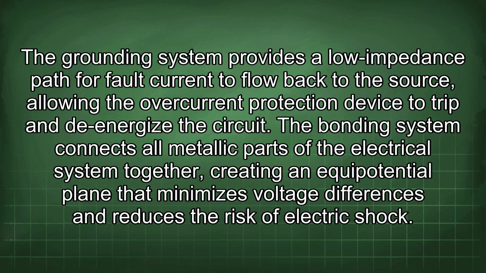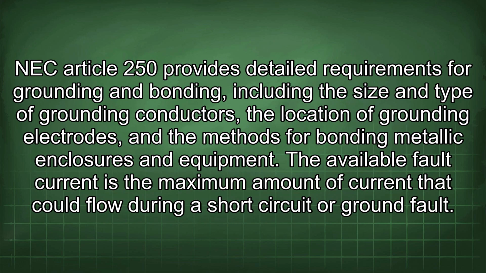The bonding system connects all metallic parts of the electrical system together, creating an equipotential plane that minimizes voltage differences and reduces the risk of electric shock. NEC Article 250 provides detailed requirements for grounding and bonding, including the size and type of grounding conductors, the location of grounding electrodes, and the methods for bonding metallic enclosures and equipment.